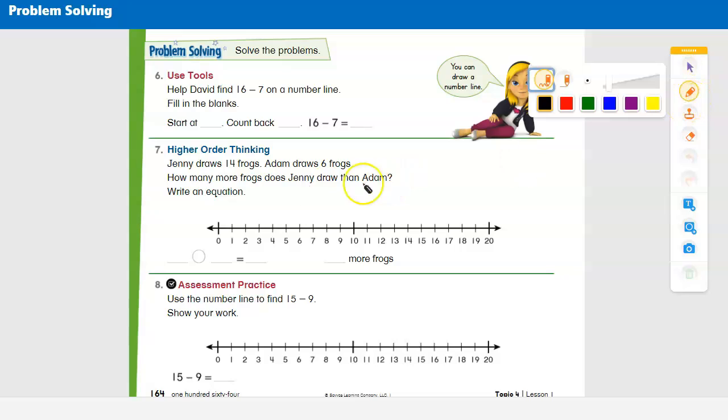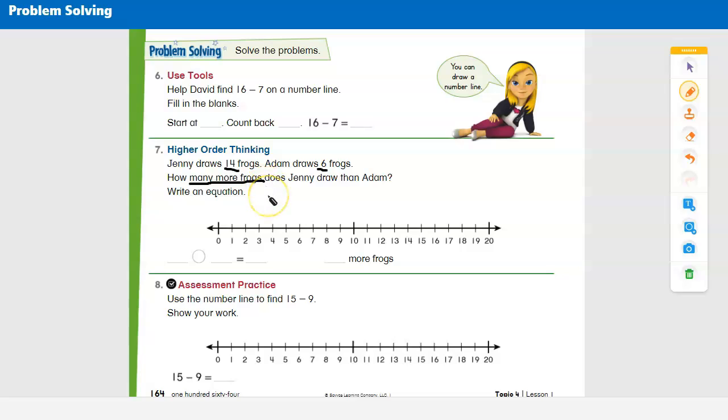So if Jenny draws 14 frogs and Adam draws 6 frogs, and we want to know how many more frogs does Jenny draw than Adam, would we be adding or subtracting? We want to know how many more frogs. Are we adding or subtracting? We are going to be adding for this problem.